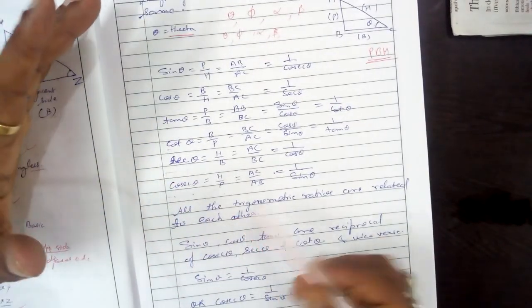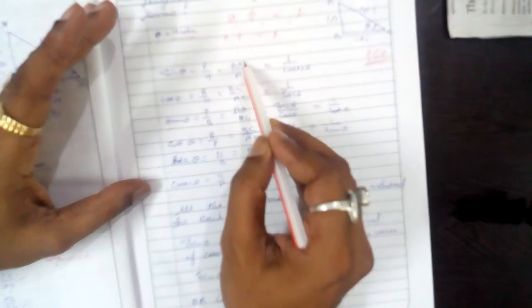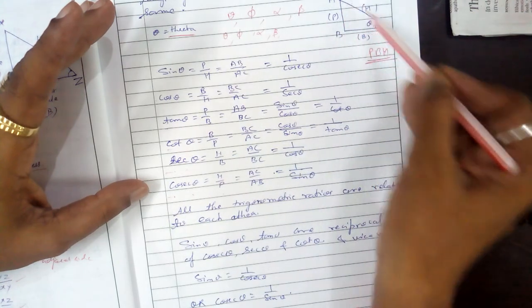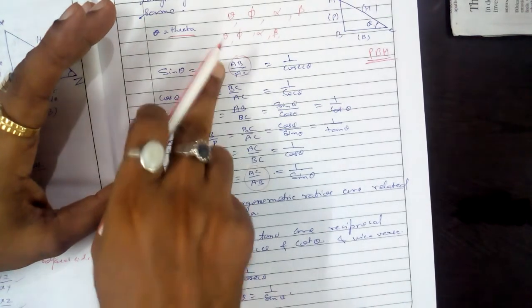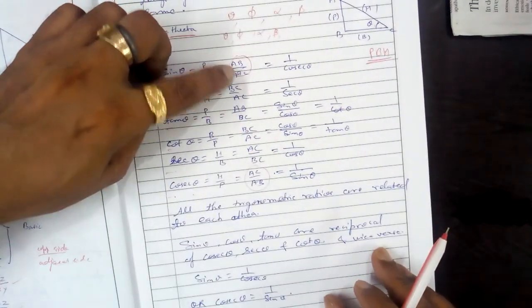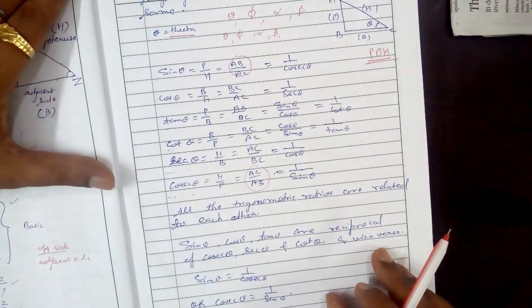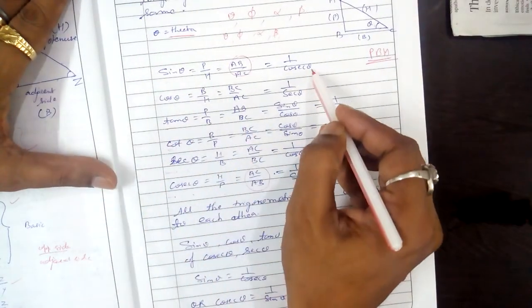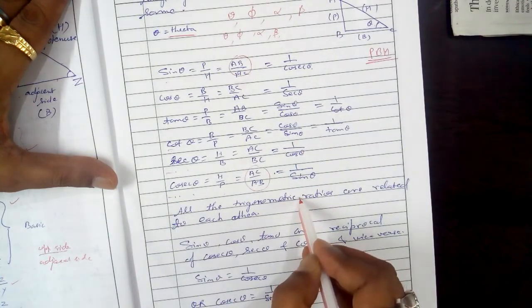You can learn it by a simple formula that I will give you. You see that for this triangle, AB upon AC, and in another place you get AC upon AB. These two are reciprocals of each other. So sine is the reciprocal of cosec, or cosec is the reciprocal of sine.